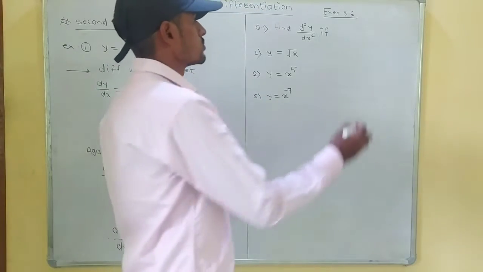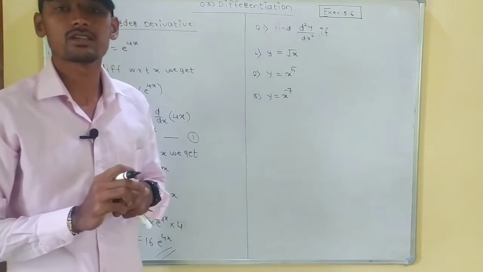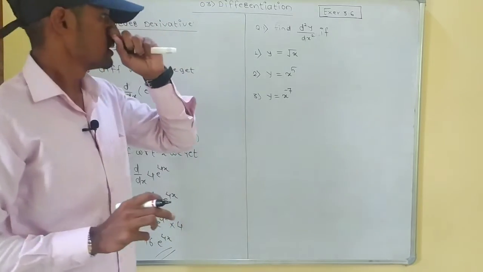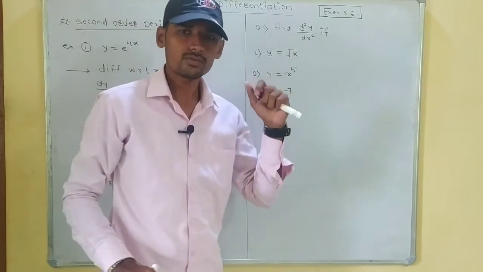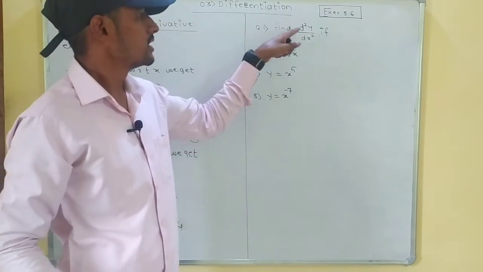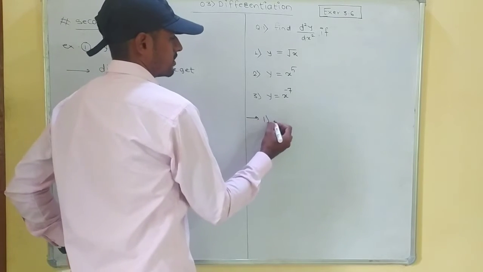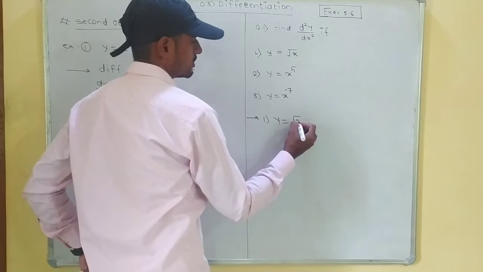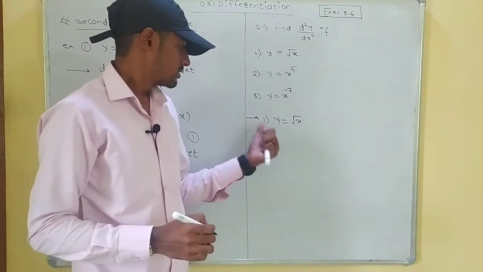Next we are going to solve exercise number 3.6, which is the last exercise in this chapter. So the first question is find d square y by dx square, means we have to find the double derivative of the given function. First of all, the first function is y is equal to root x. Okay, y is equal to root x. We are going to solve.